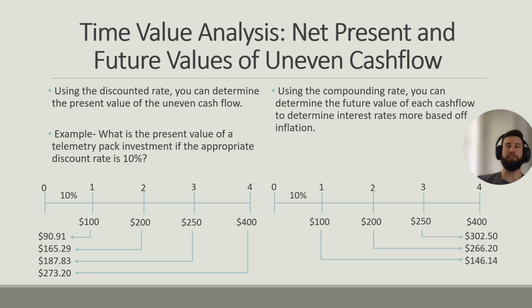I just use this discounted rate to see the present value, and then they'll take those totals and see if they have a positive return, making any profit from this piece of equipment. And then to the right, not a lot talked about, not really commonly used, but this is just using the compounding rate on each cash flow year.